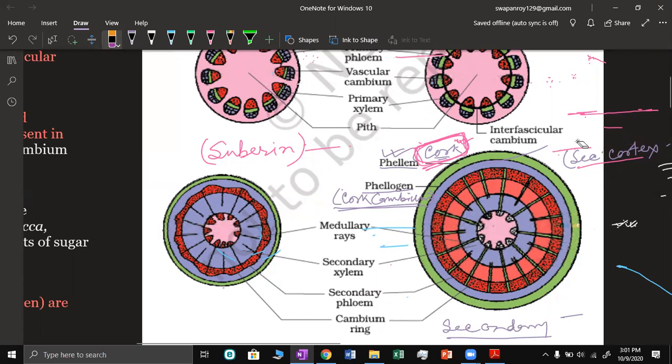It is not phellogen, it is phelloderm. Phelloderm or secondary cortex. Phellogen is the cork cambium. So phellogen produces phellem and phelloderm. Phelloderm is the parenchymatous tissue, but they are usually thick walled.